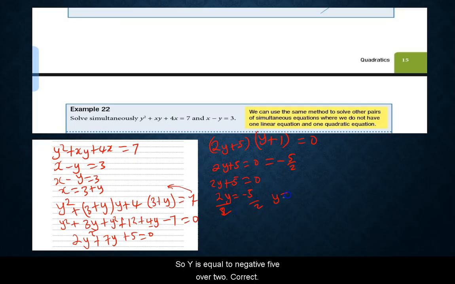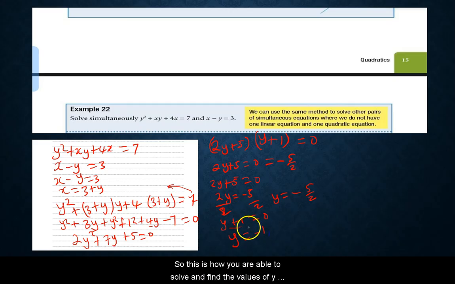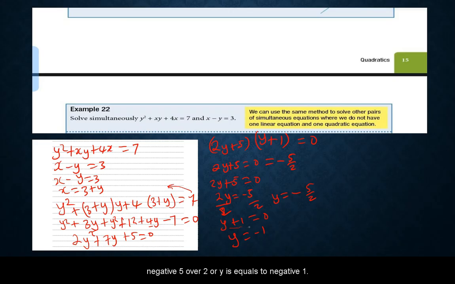So y is equal to negative 5 over 2, correct? Y plus 1 equals 0 means that y is equal to negative 1, right? So this is how you are able to find the values of y: negative 5 over 2, or y is equal to negative 1.